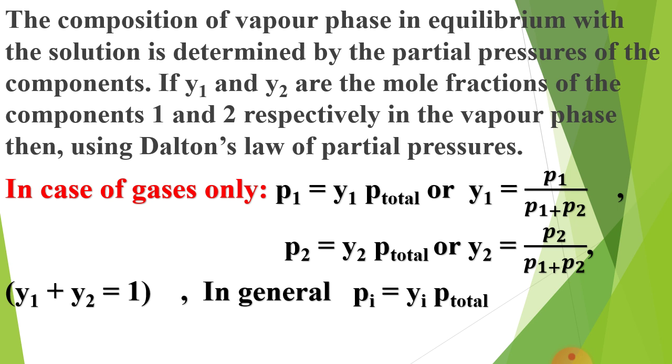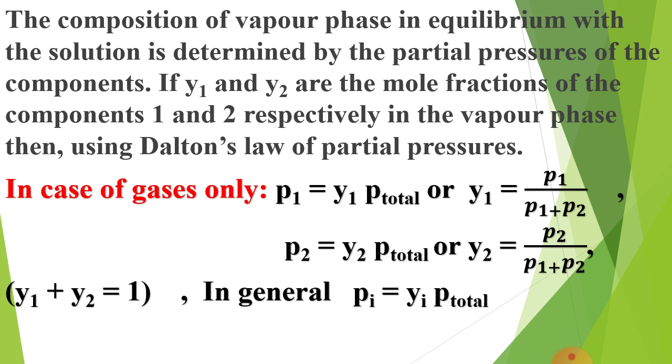Similarly, the partial pressure of component 2 in the vapor phase is equal to the mole fraction of component 2 in the vapor phase times P total, or Y2 equal to P2 divided by P total, where P total is P1 plus P2. As you know, the total of the mole fractions should be 1.